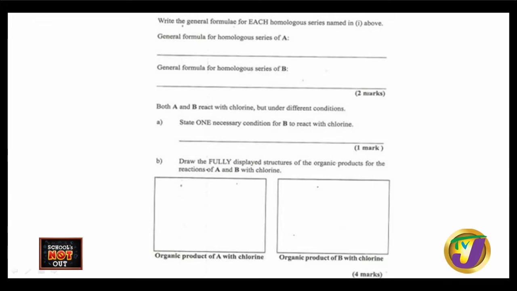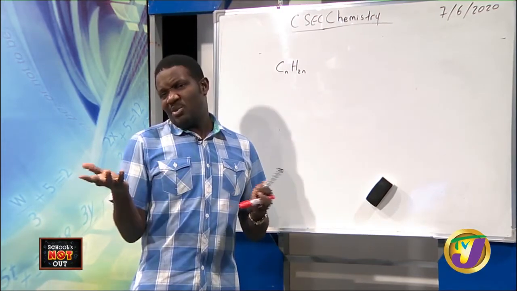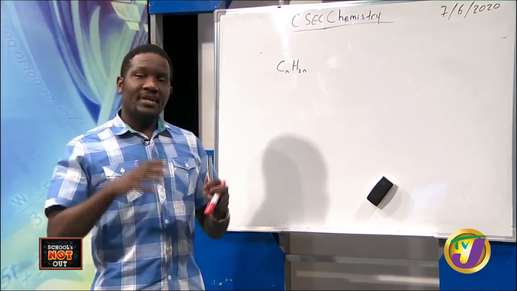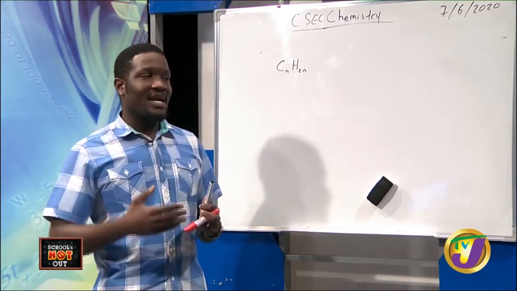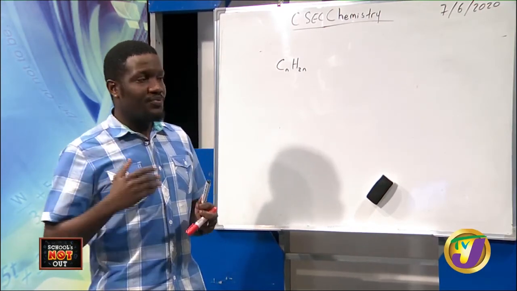All right. So what is 1 condition alkanes have to have before they can react with halogens? Right. They must be in the presence of UV light or sometimes sunlight, you know, if you don't have access to UV light. So they need UV light or sunlight to carry out halogenation. So that is the condition for compound B, UV light.